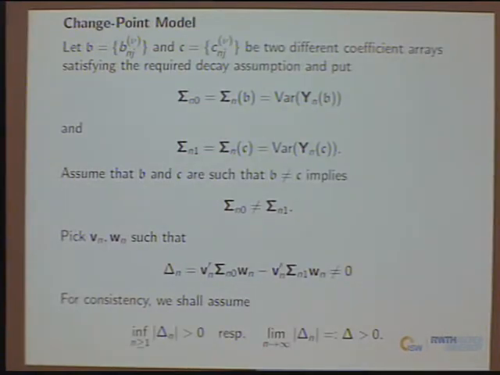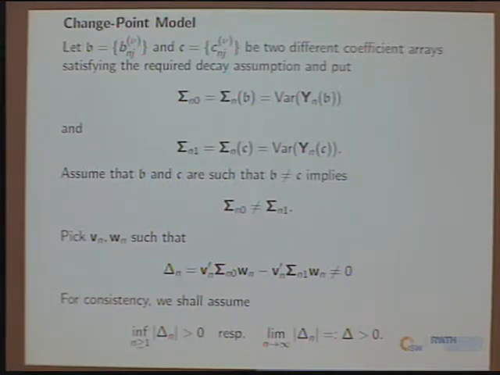So the change point model I want to study is that we have two sets of coefficients. These are the coefficients for a linear time series model, or the moving average representation of the Warmer model, satisfying the required decay assumptions. And we look at the covariance matrices under these two sets of coefficients, and we assume that they are different.